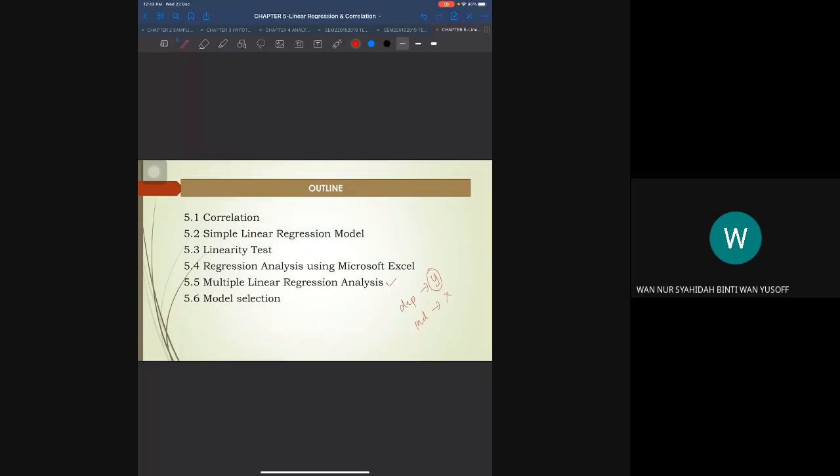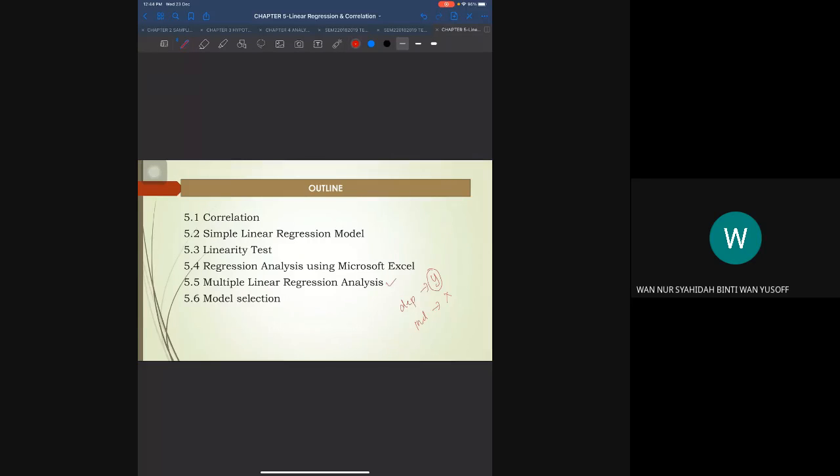Just for your information. In this chapter, both y and x are quantitative variables.